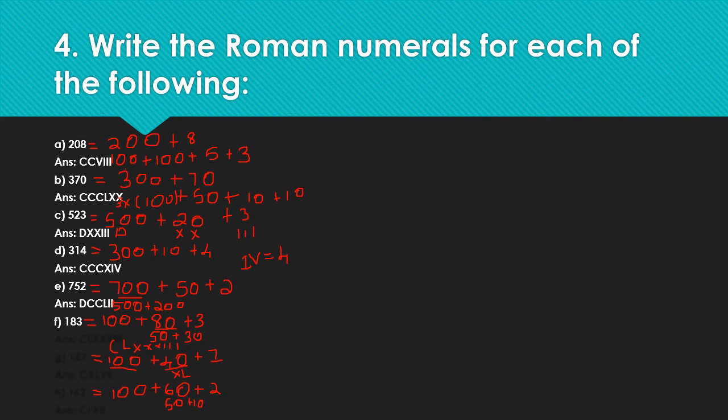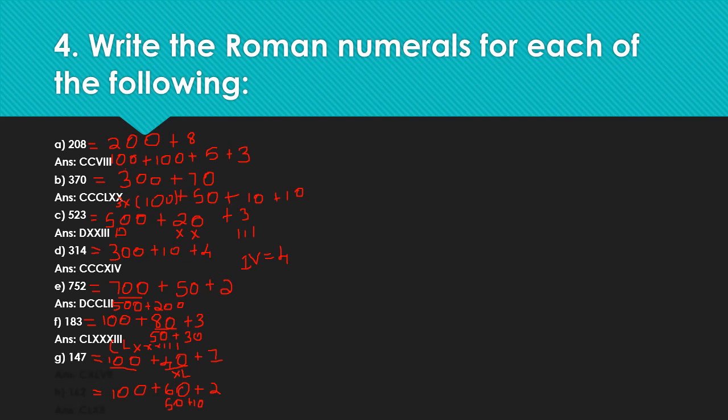This you can split as 50 plus 30. Now you can write it as Roman numerals. That is 100 will be C. Then this 50 you can write as L. Then this 30 you can write as XXX. Then plus 3 you can write as III. So you can see the answer CLXXXIII.